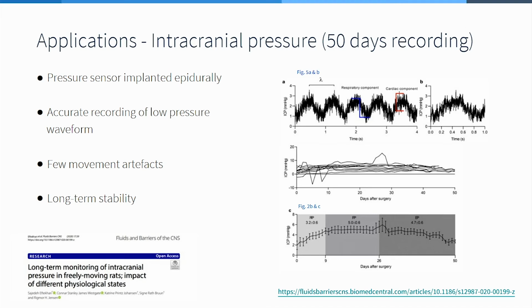They then had a physiological phase, where they were just interested to see the ICP recording in the home cage without any experimental intervention, and they carried this out for a good 3 weeks. And then the final part of their experiment was carrying out some experimental interventions as well. So this is a really nice study and shows the quality of data that you can collect even at such low pressures, and so stable over a long period of time as well.